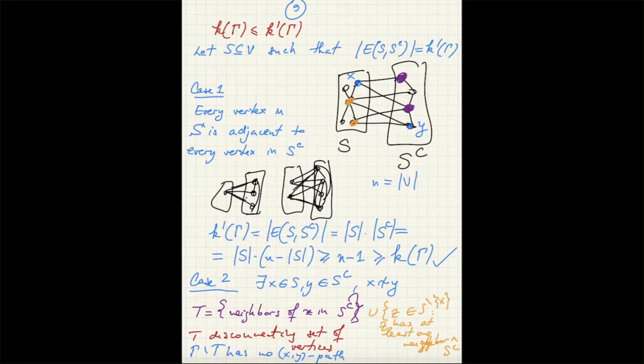Or the other way is to walk from x to the golden vertices on the left-hand side and jump across, but those vertices have also been deleted. So there's no way to jump across if these vertices have been deleted. So this set T is a disconnecting set of vertices.